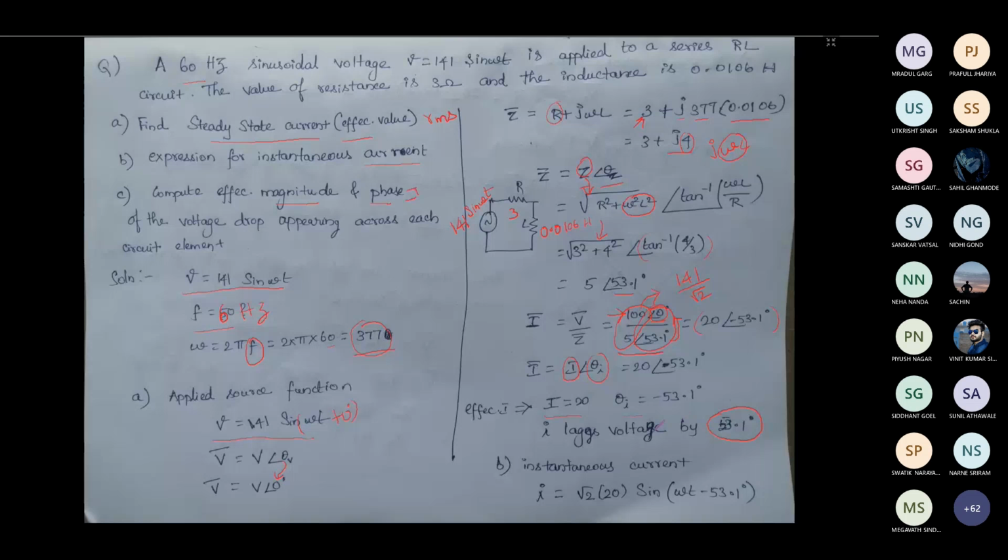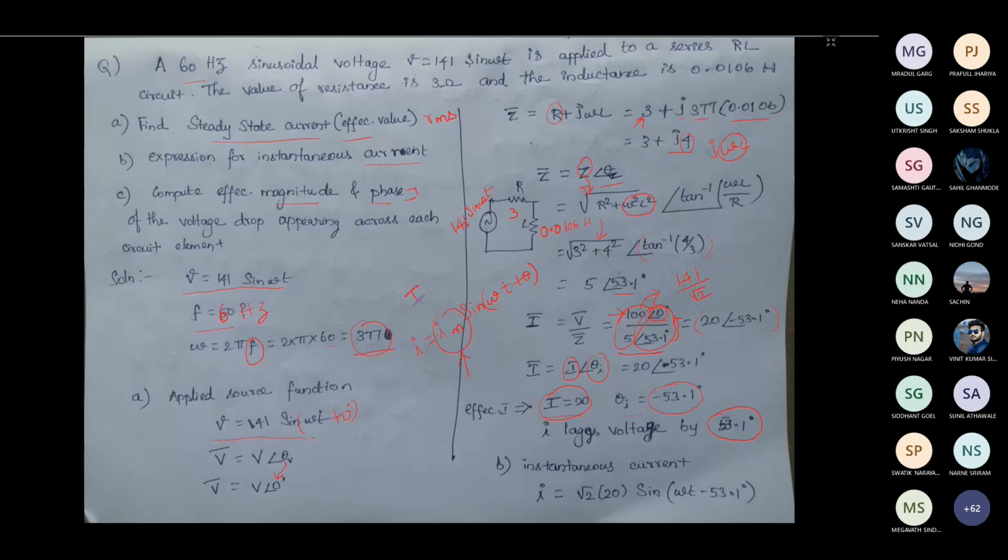So now we have found the RMS current in phasor form, and we have found the angle also with respect to the voltage. If you write the current expression from this, you know that i is equal to Im sin omega t plus theta. We found this in terms of RMS; Im is the peak value.